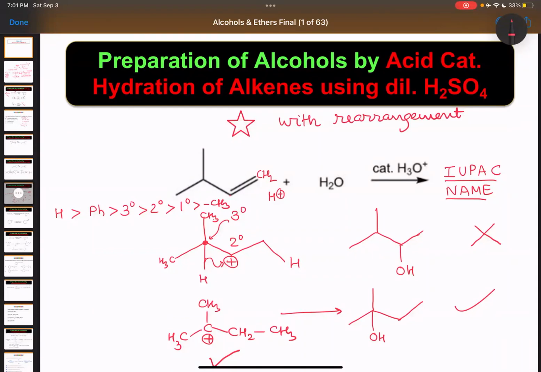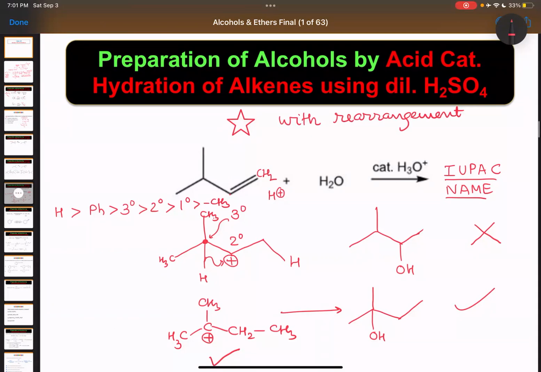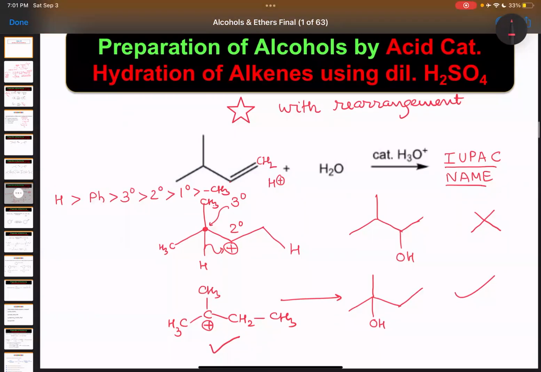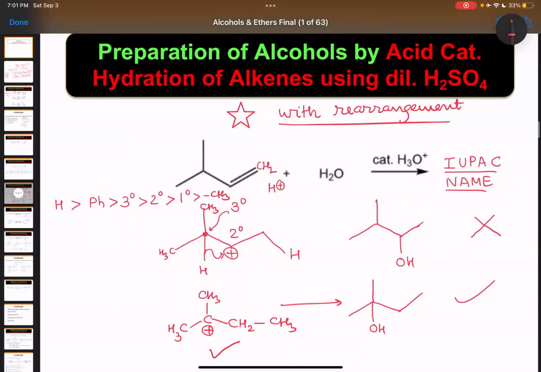If the rearrangement can happen, then it will happen. Suppose the carbocation can become more stable, then we will do the rearrangement. We will form a more stable carbocation, and then we will put the OH group. So always check for the possibility of rearrangement.